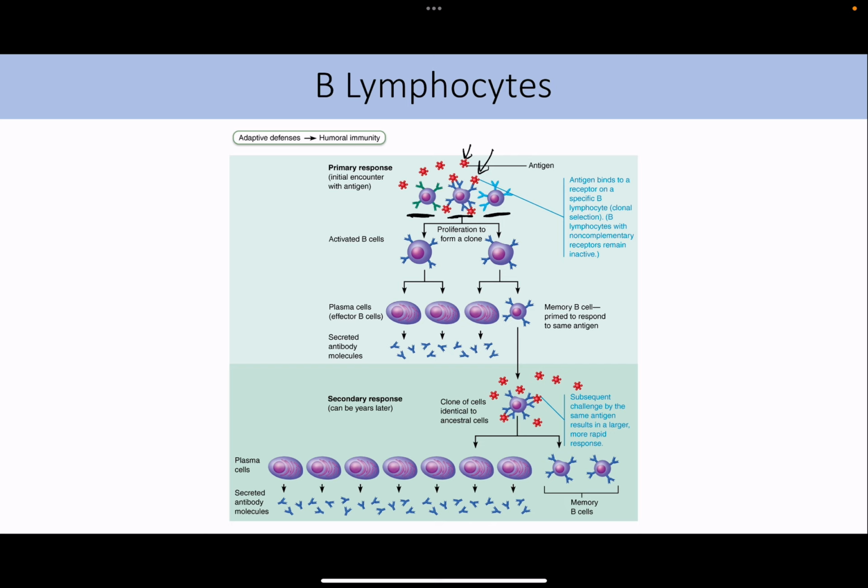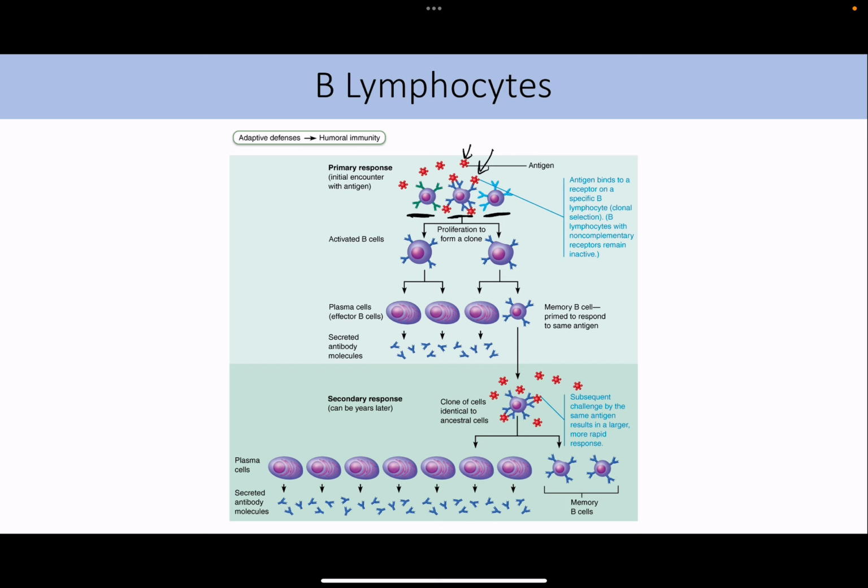And so they're not going to get activated until they are exposed to their very particular antigen. Whether that is Streptococcus A bacterium, or E. coli, or the influenza A virus from this year. Every B cell is going to be very specific to a specific protein or antigen.